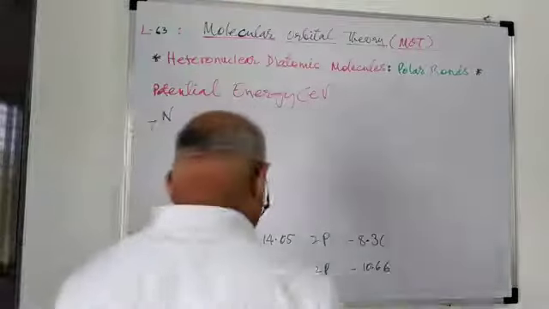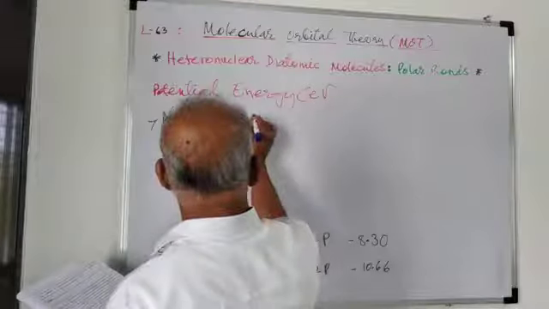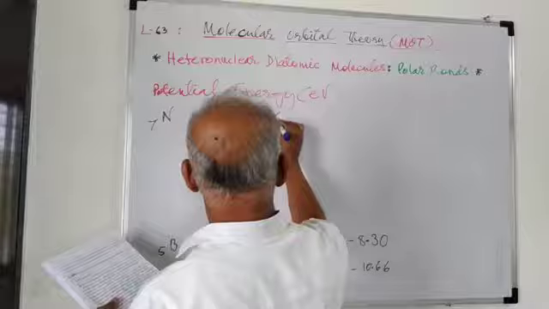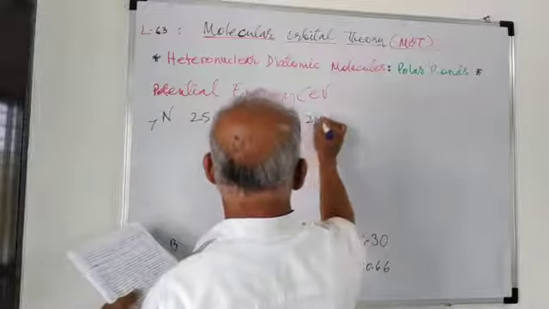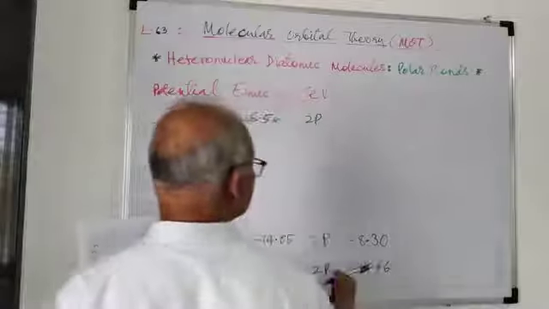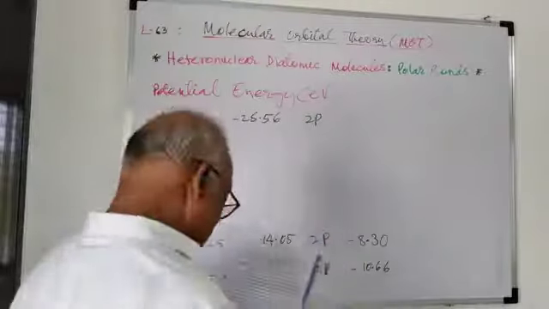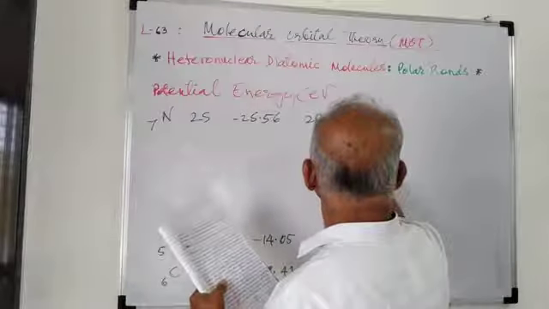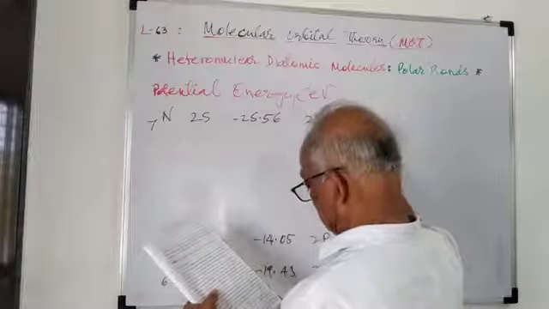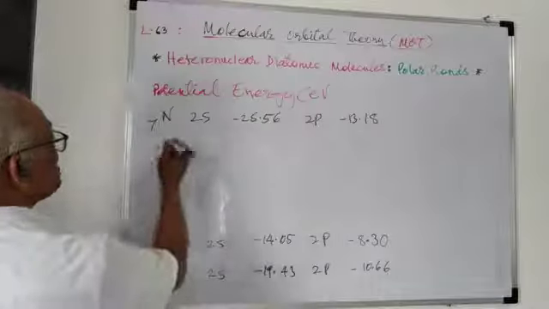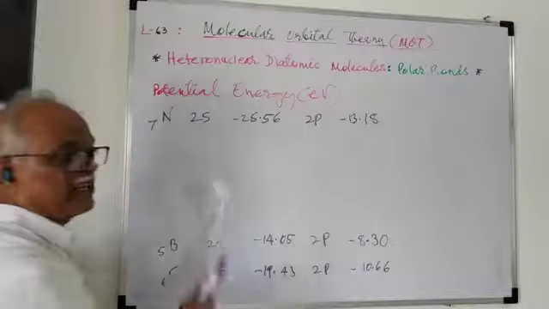In case of nitrogen, it becomes minus 25.56 electron volts, and there is also 2p with the third electron, and compared to this, there must be an increase in this value. So it becomes minus 13.18 electron volts.